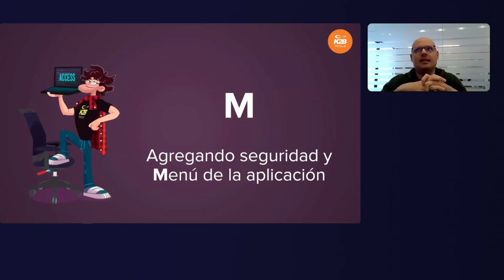We will now move into security. We want to add security to the app, and we also want to create an app menu. So for security, although K2BTools can be used without GAM, what we always recommend is for you to use the GAM module of GeneXus.